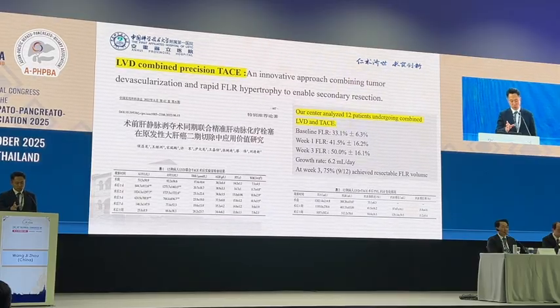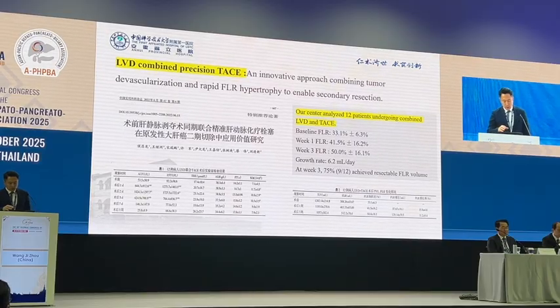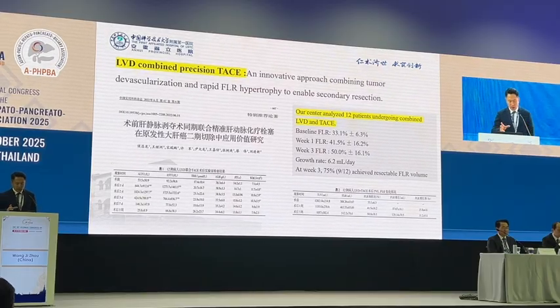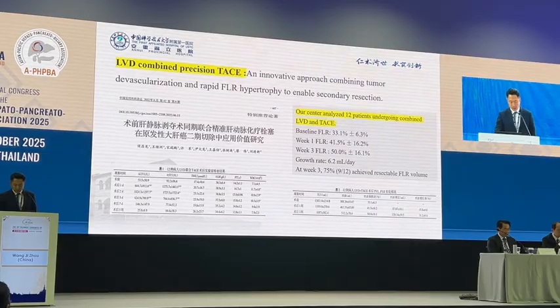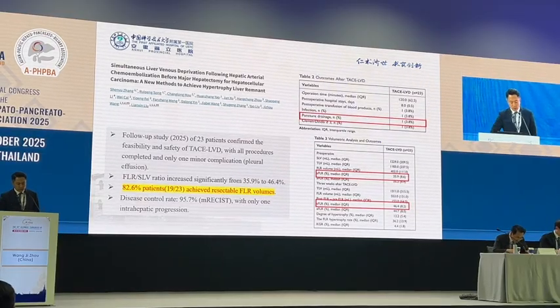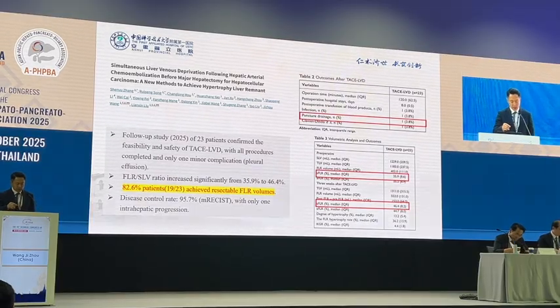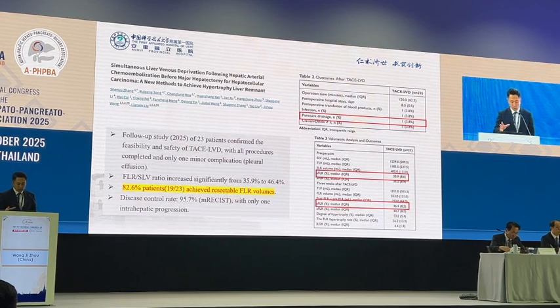So we chose precision TACE. In our initial analysis, 12 patients underwent combined LVD and TACE, and it was a very safe way. The follow-up study of 23 patients confirmed the feasibility and safety of TACE plus LVD.